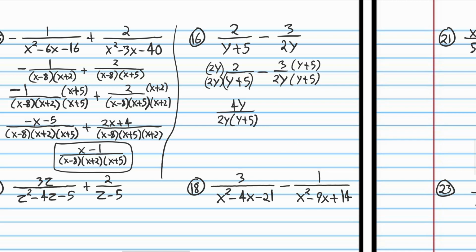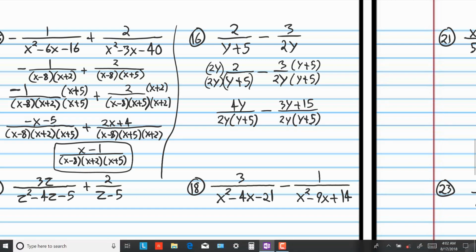And keep the denominator in factored form. And 3 times y plus 5 is 3y plus 15. And again, keeping the denominators factored.